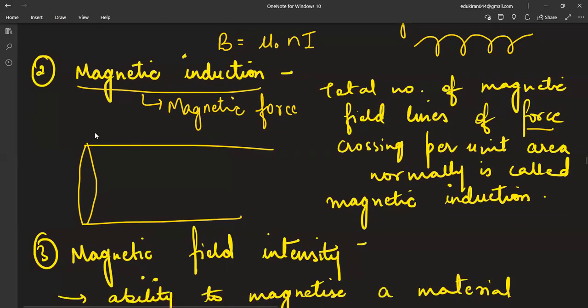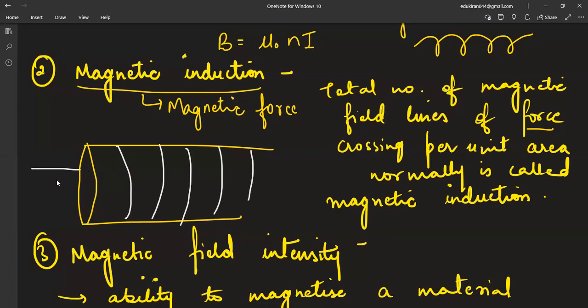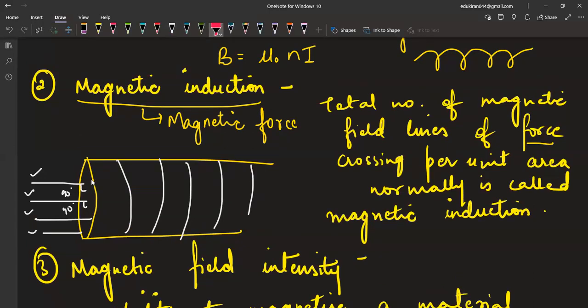Now, around this wire, some magnetic field lines are flowing like this, and some magnetic field lines are flowing like this. Because there are different magnetic field lines of force existing in nature. So only those field lines which make an angle of 90 degrees, that is normally, per unit cross-sectional area. Which area will you consider? This area.